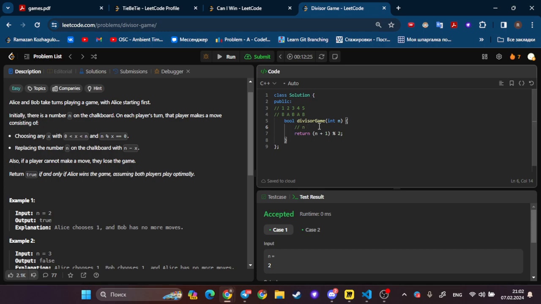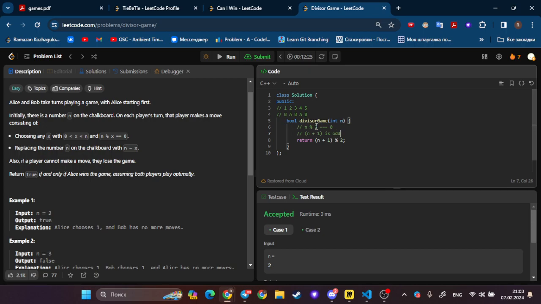It's simple, I think. Okay, suppose n is odd. It means what? It means next n is odd.